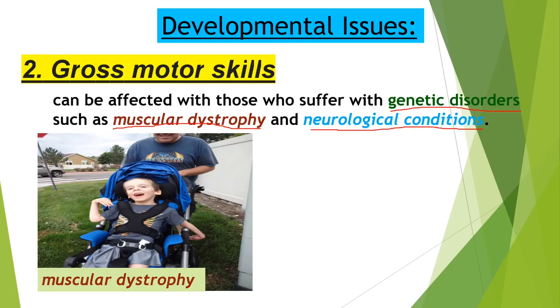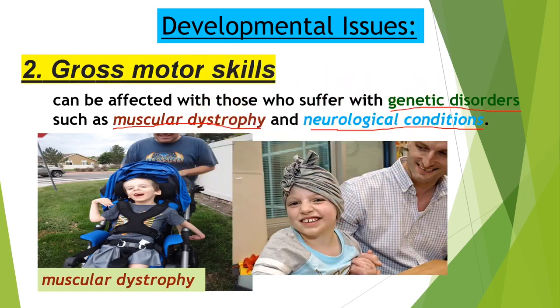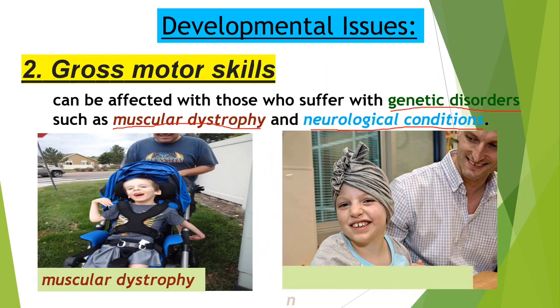The muscles become weak. Next, we have neurological conditions. Neurological conditions result from damage to the brain, spinal column, or peripheral nerves.